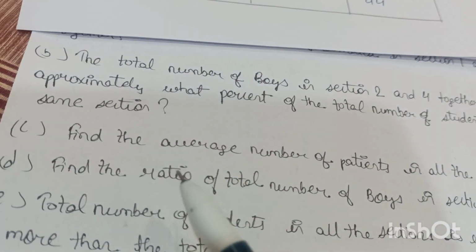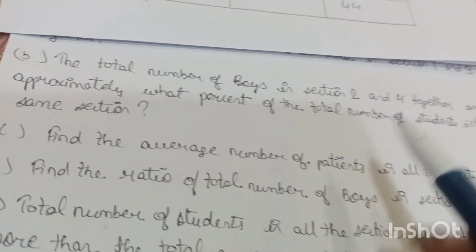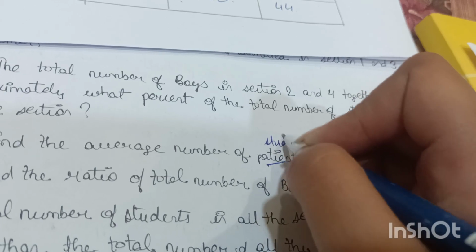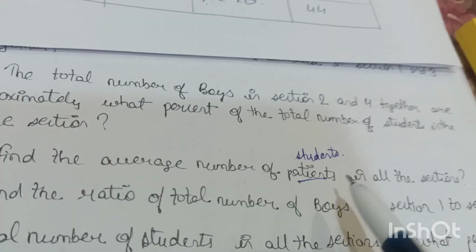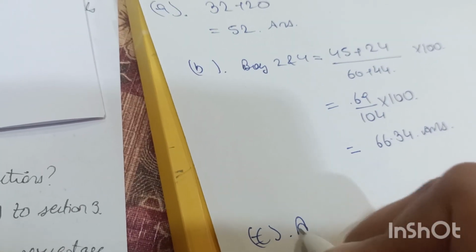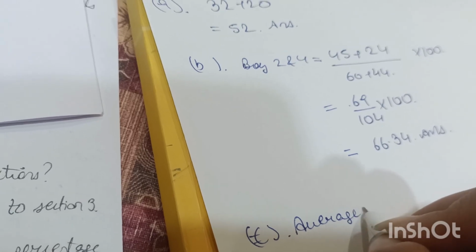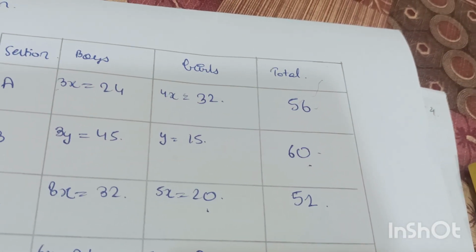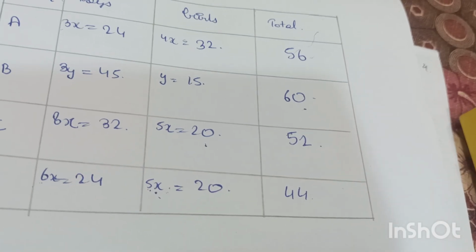So the average of the students in all the sections. You can see 56 plus 60 plus 52 plus 44 upon 4.